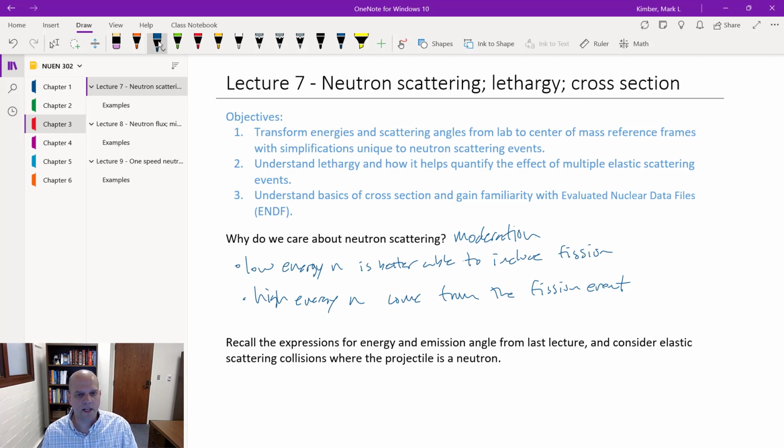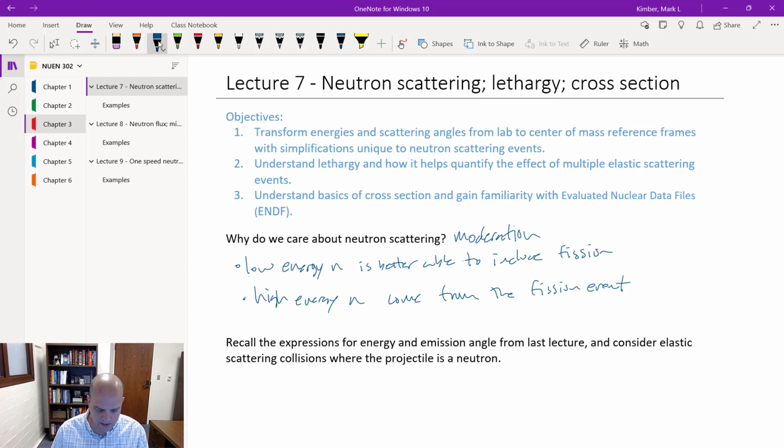And again, of all the reactions that could take place, we're looking specifically at a neutron as the projectile, and then different targets on the reactant side. And then on the product side, we have that neutron again, because it's just a scattering event, and that same target.